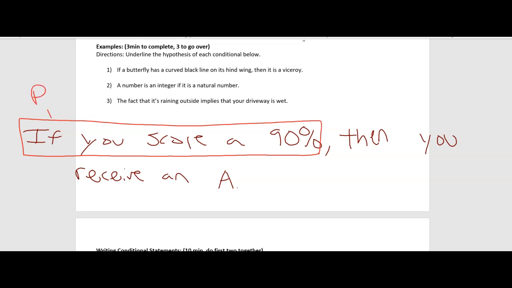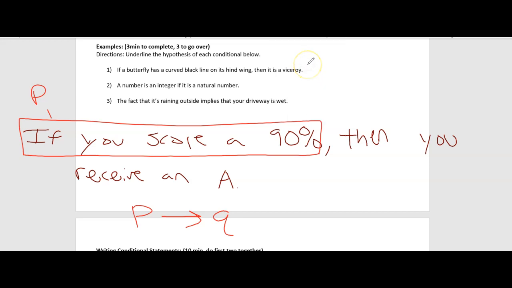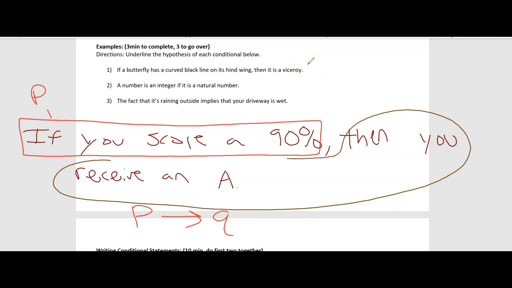Because our conditional statements are in the form P implies Q. That arrow just means implies. And then our conclusion would be, then you will receive an A. That would be our Q.